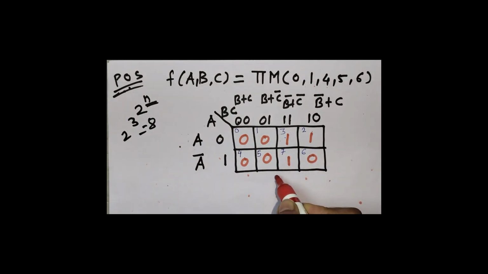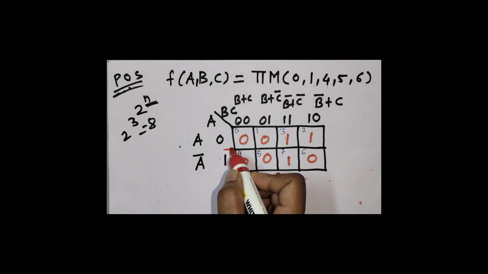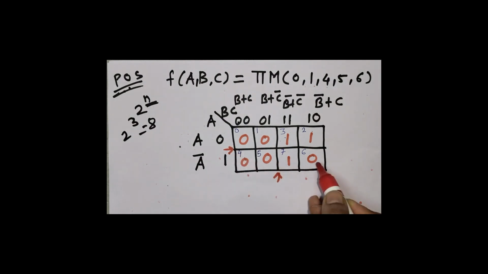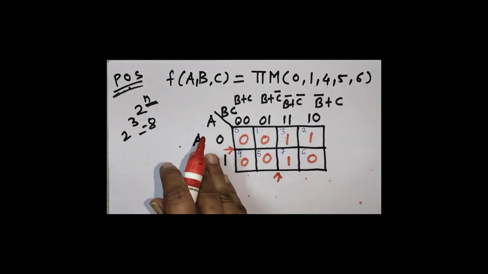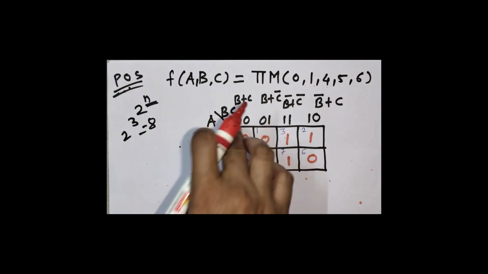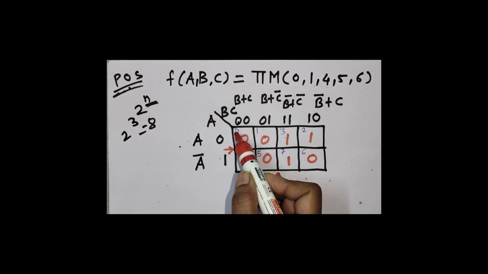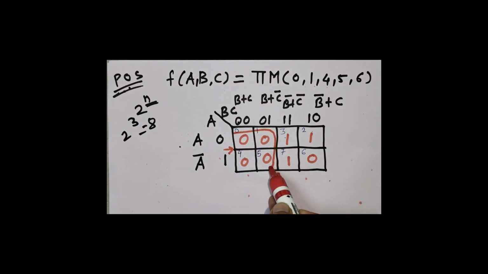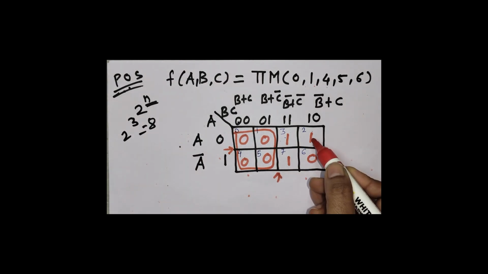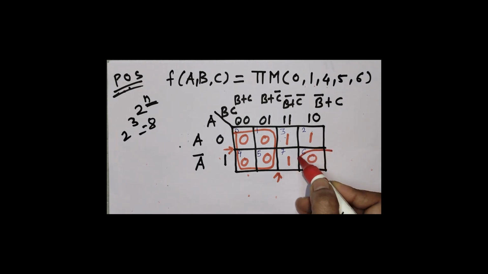Overlapping means if I fold my K-map from here or from here, then this 0 and this 0 will get overlapped. So very first group I can make this quad. Then for this 0 there is no adjacent 0 here. So what I can do? I can make pair with overlapping 0.